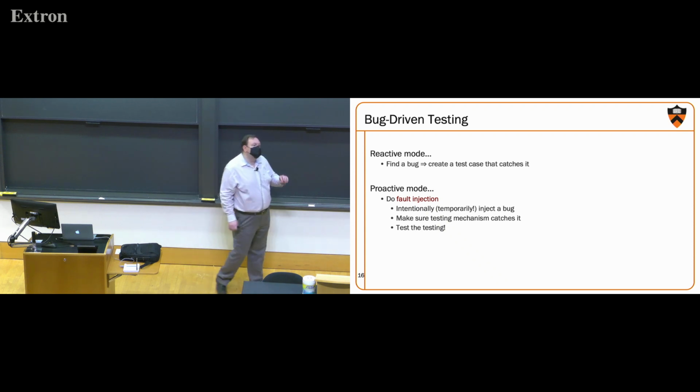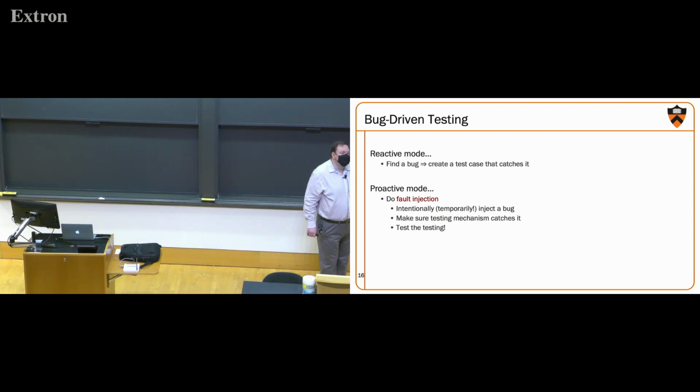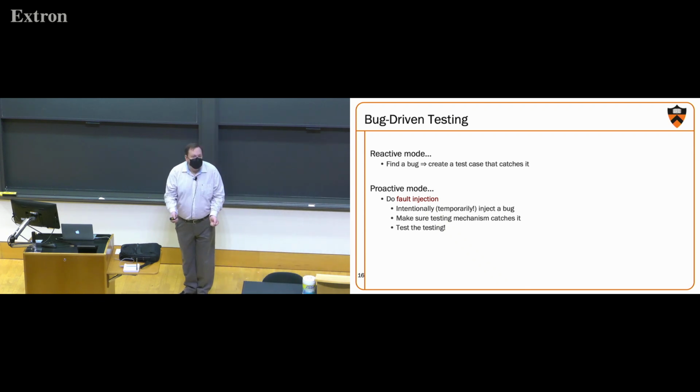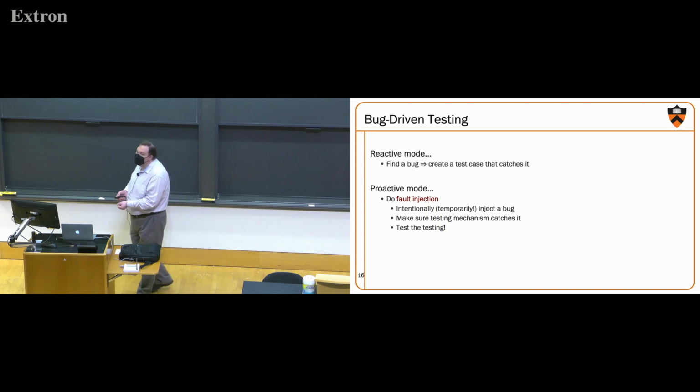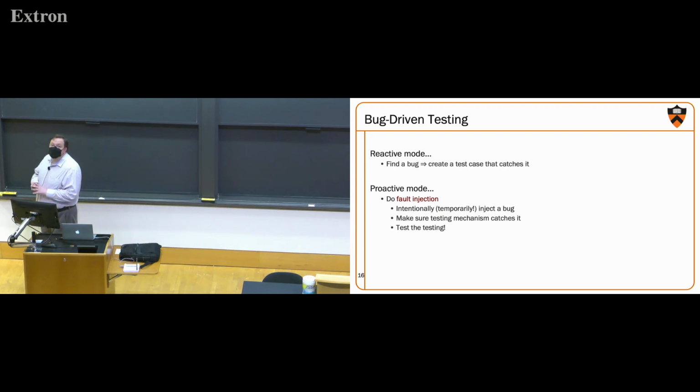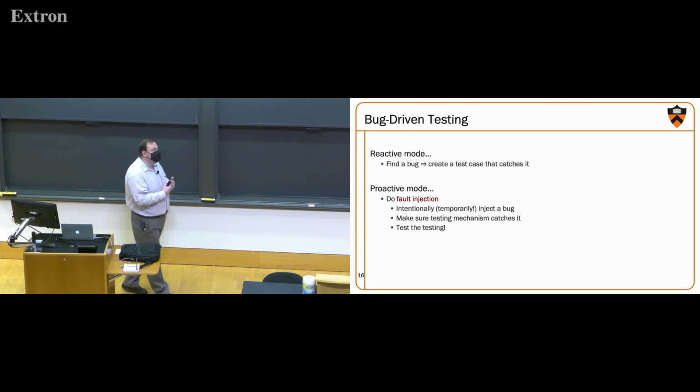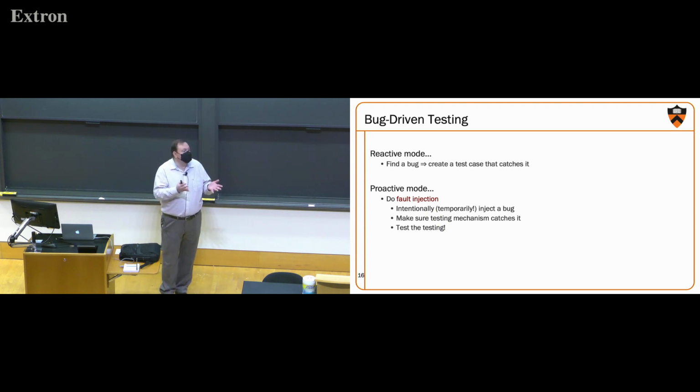And the way you do that is you intentionally introduce a bug in your code and make sure that whatever tests you have been running are powerful enough to catch that bug. So this is known as fault injection, where you deliberately put a bug into your code temporarily, remember what you did, remember how to undo the bug, obviously, and make sure that you have enough test cases to catch that particular bug. And the more you do this, the more you gain confidence that your test suite is actually powerful enough to catch a large class of bugs.